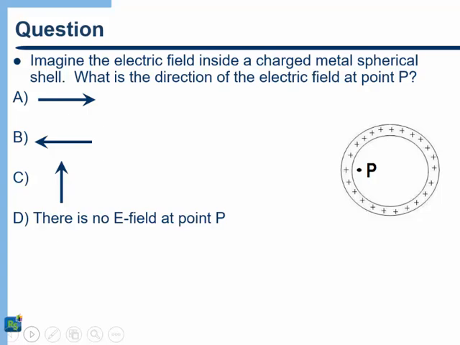You'll notice that at point P, this charge on the sphere, and again, this is a spherical shell, so it's empty in the middle. We've got a shell that has a uniform positive charge spread on it. The electric field at point P due to that little bit of charge would be in that direction.